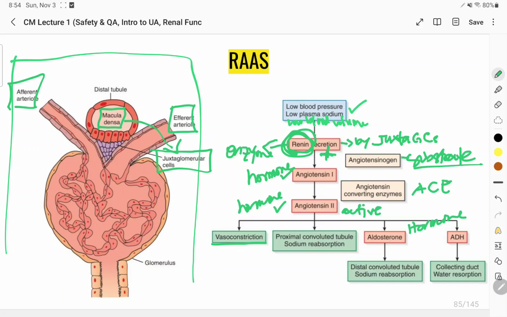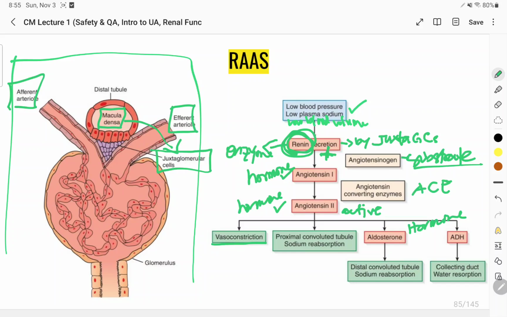So again, na low blood pressure, low plasma sodium, ma-detect na ni macula densa. Si macula densa iyang sultihan si juxta pag-release og renin. Renin is an enzyme. And sa blood vessels kanay angiotensinogen, which is a substrate produced by your liver, kidney, even epithelial cells.